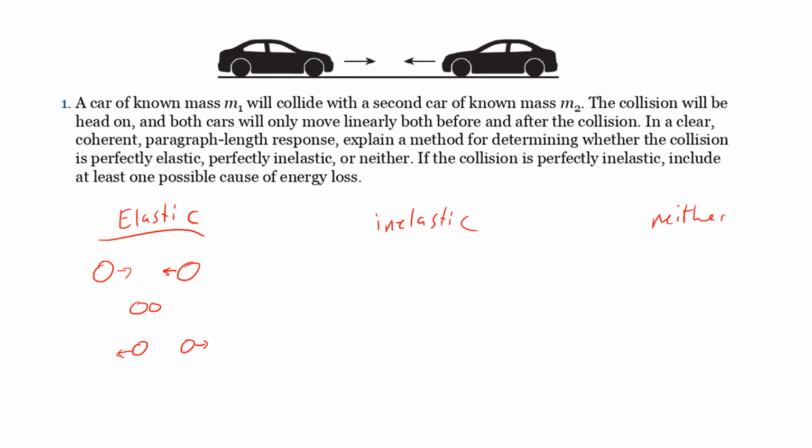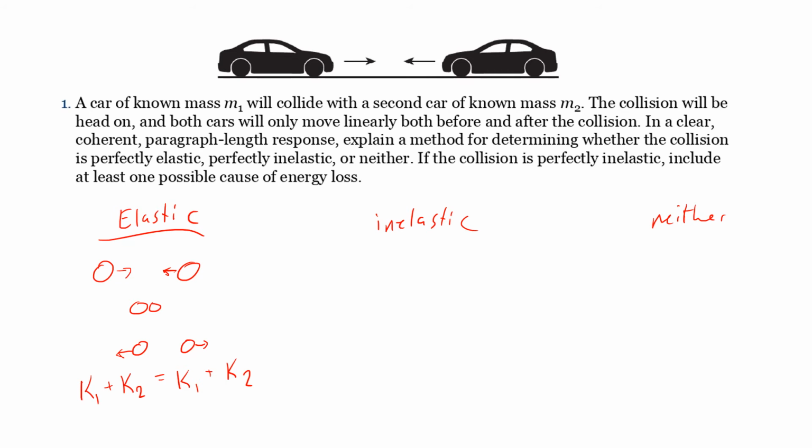So how can you tell if it's elastic? The main thing for elastic is that the kinetic energy is going to stay constant. So kinetic energy of car 1 plus kinetic energy of car 2 is going to equal kinetic energy of car 1 plus kinetic energy of car 2 post.